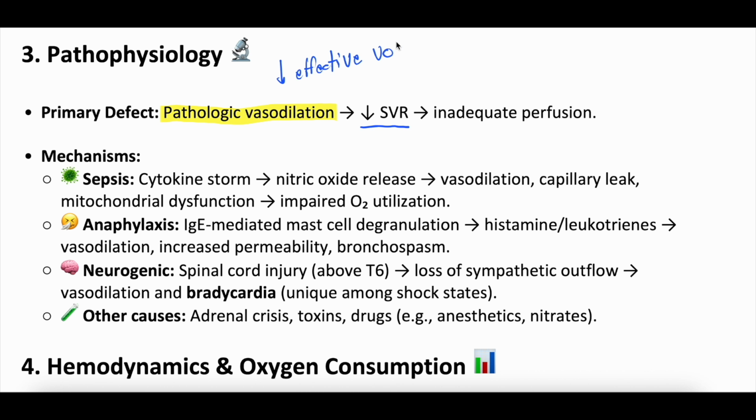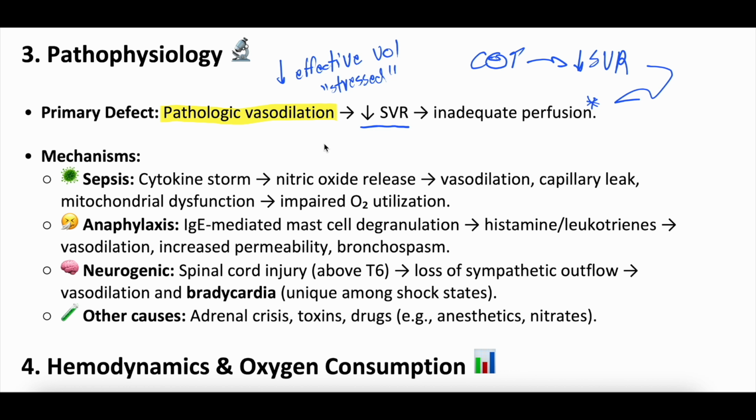Or the amount of stressed volume is another way people often talk about it. And when this goes down, we sometimes are not able to adequately perfuse our organs. As we said, our cardiac output increases to try to compensate for this. But if the SVR is so low that we cannot circulate enough effective volume, we will get inadequate tissue perfusion, secondary to that pathologic vasodilation.